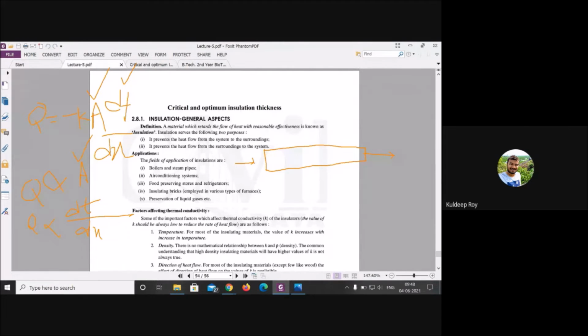And as I already told, if the current flows, it will generate some heat Q.